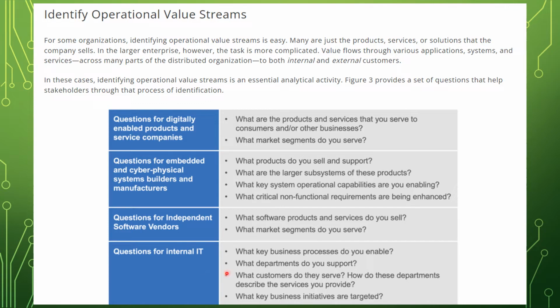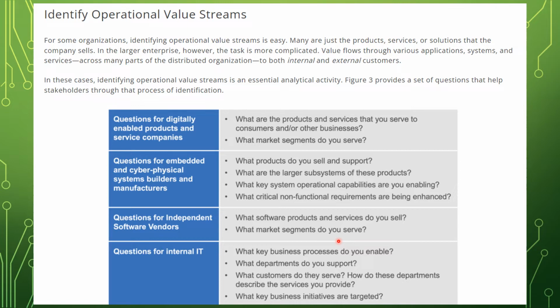Questions for internal IT: what key business processes do you enable, what departments do you support, what customers do you serve, how do these departments describe the services you provide, what key business initiatives are targeted? For example, in my company we have different value streams for HR business processes and procurement business processes.